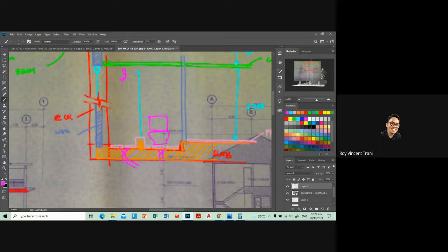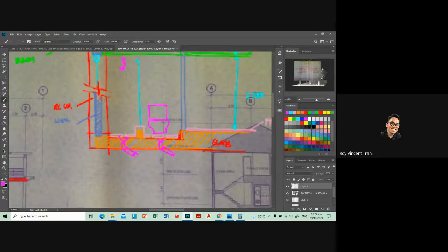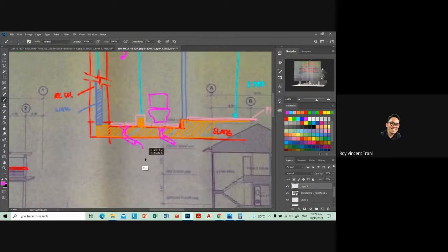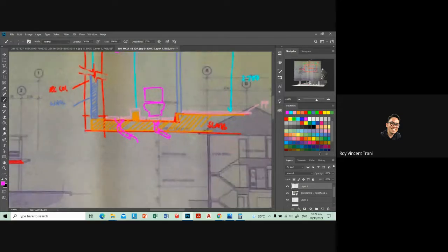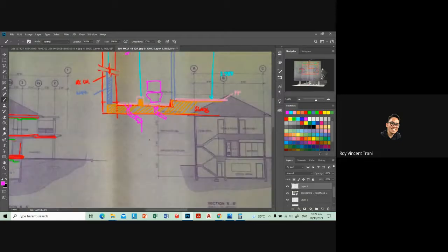It angles 45, and then another elbow down into the septic tank.